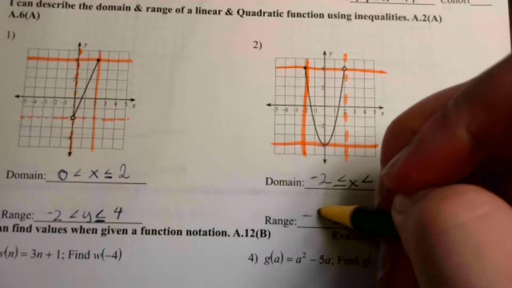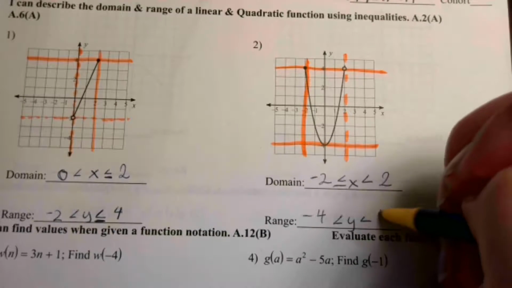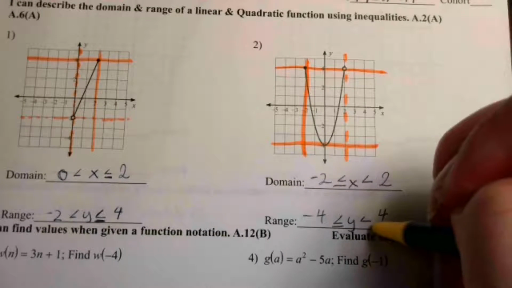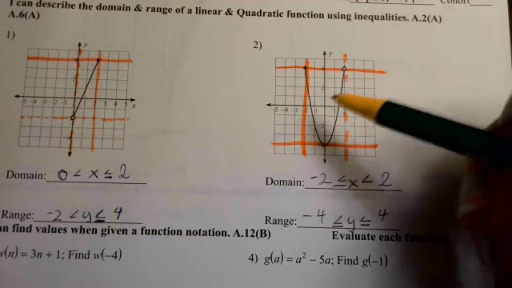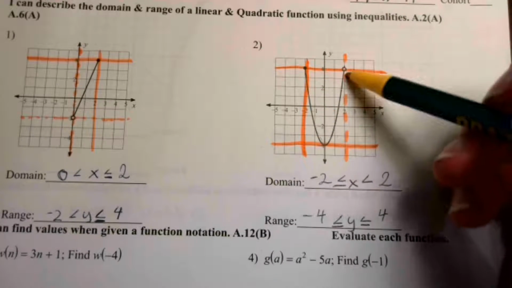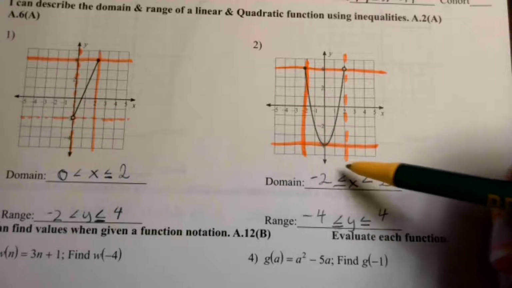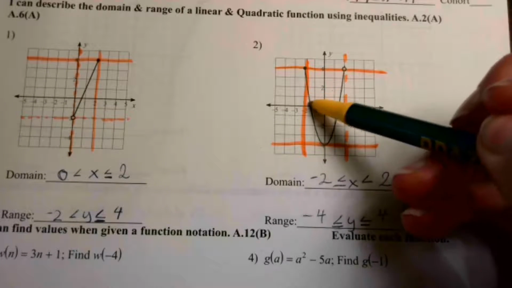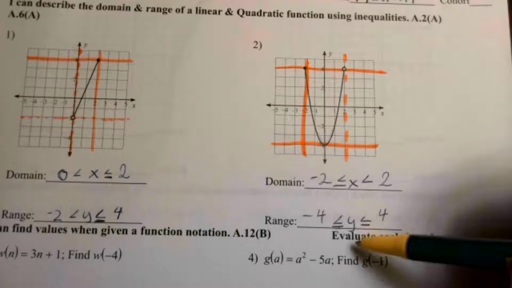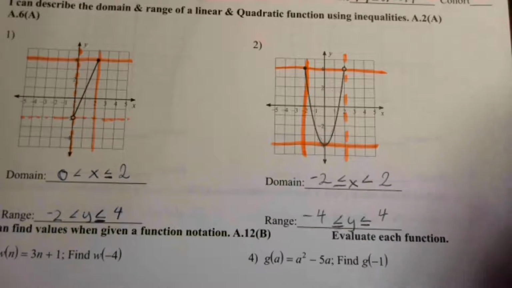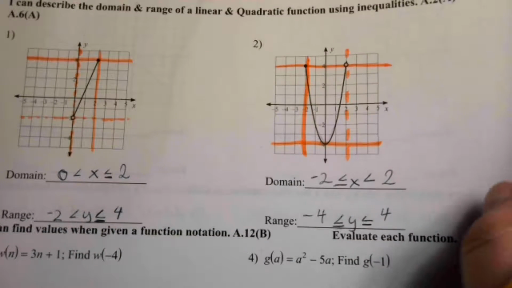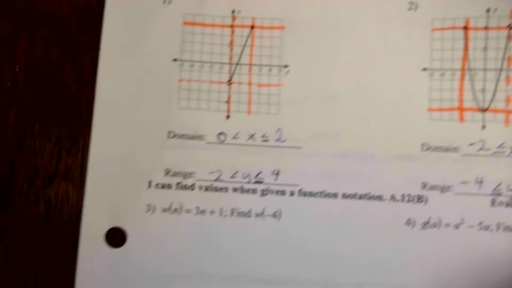Low is -4 to +4. Underline both of them. Because this curve is solid, that's why this is underlined. If it had been a dashed line, then this would not have been underlined. But we don't do dashed lines in Algebra 1, so don't worry about it.